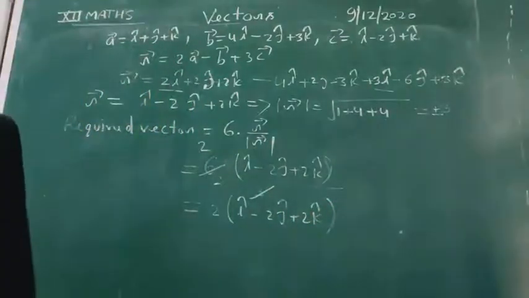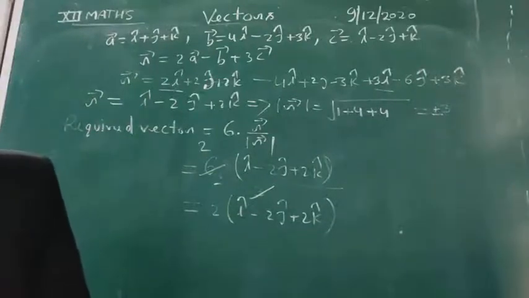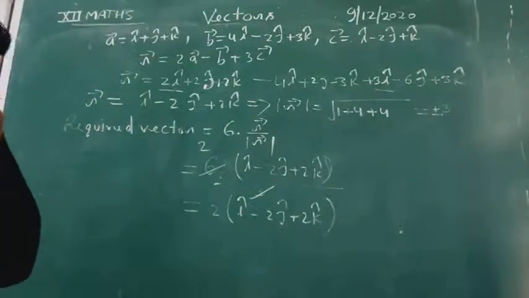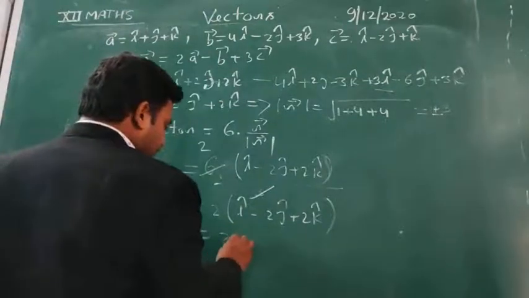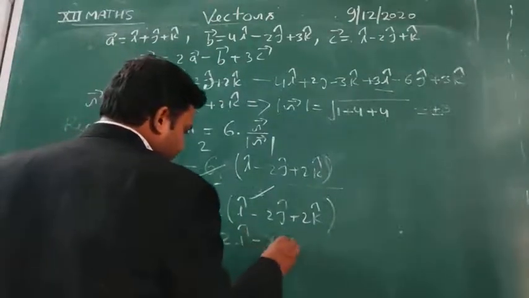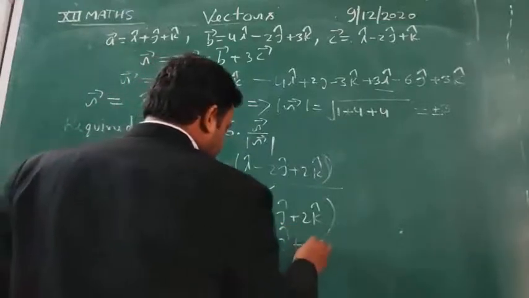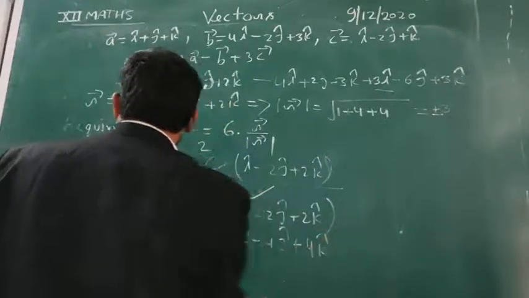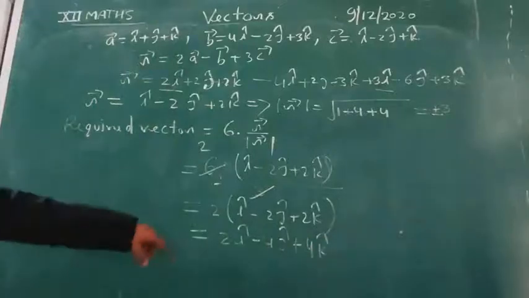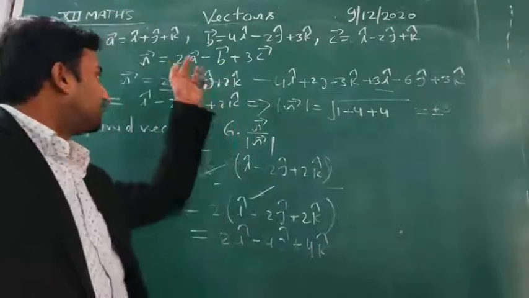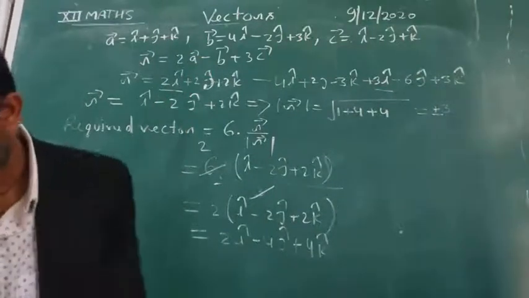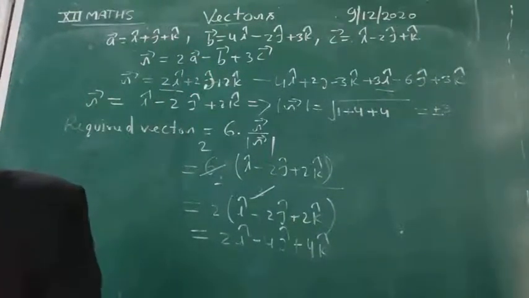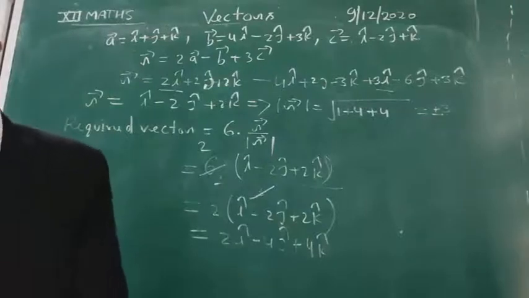Okay, student, I hope you understand. Now multiplying this 2, it is 2i minus 4j plus 4k. This is the required vector which is parallel to this vector and having magnitude 6 units.